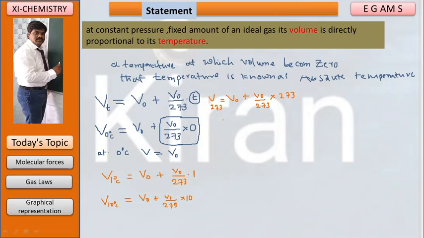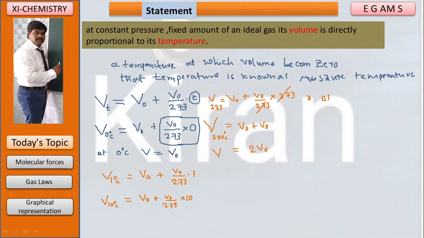So what will happen, my dear students? This 273 gets cancelled. So the volume of gas at 273 degree centigrade is V naught plus V naught, which means 2 V naught. So it is a very important point.